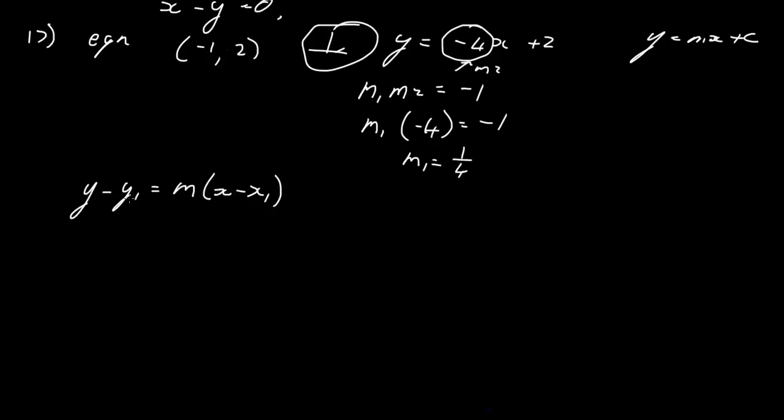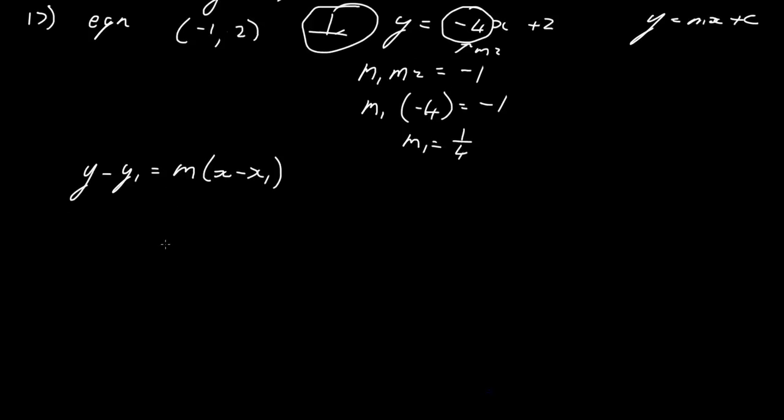This point gradient form for calculating is the most common one. It's very nice. So you can pretty much always use it if you know what you're doing. Okay, so here's x1, y1, and we've got m1.